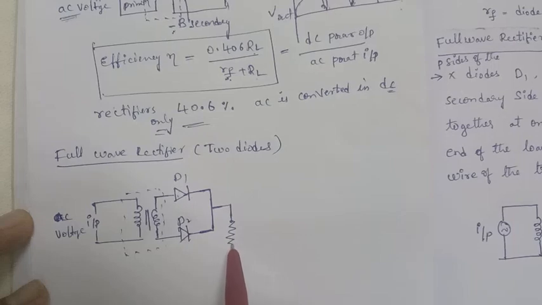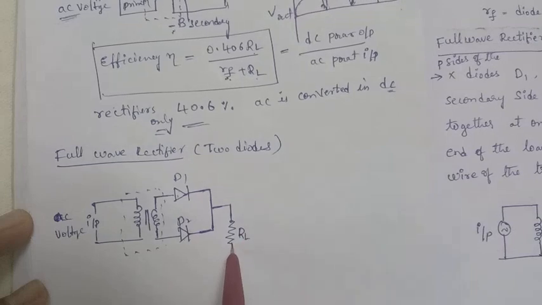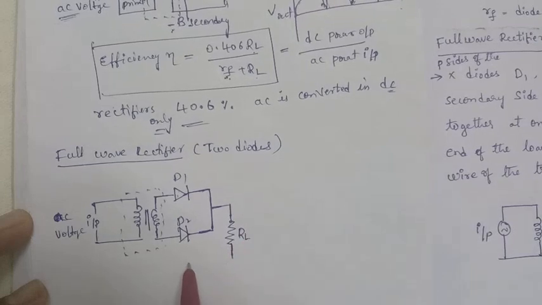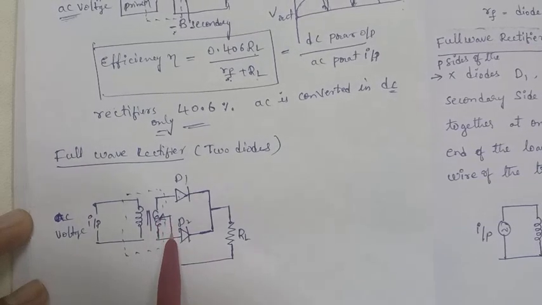The other end of this load resistor is connected to the center tap wire of the transformer. Here it is the center tap wire of the transformer.